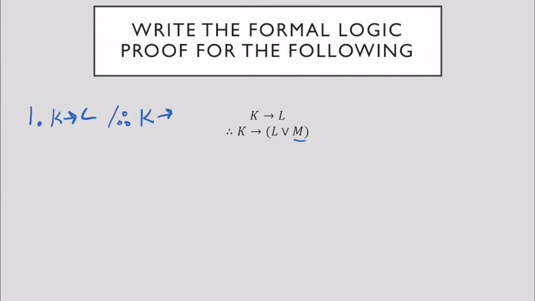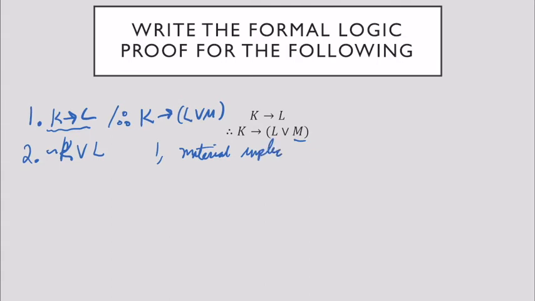So I need to look at some rules of replacement to see how I can rewrite K or L. And I'm going to use material implication. So if I have P implies Q, that's the same as not P or Q, so not K or L. So that was material implication on row 1. Next, I can add an M, because I've got to get an M from somewhere.